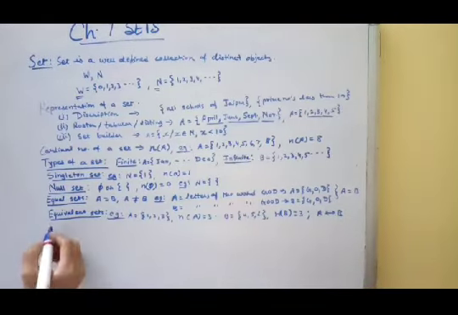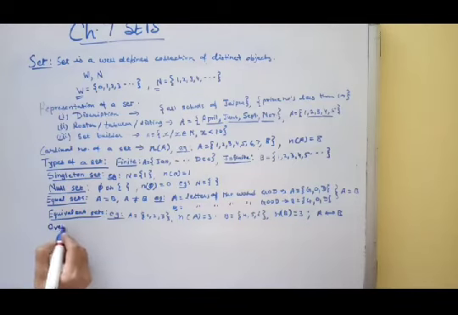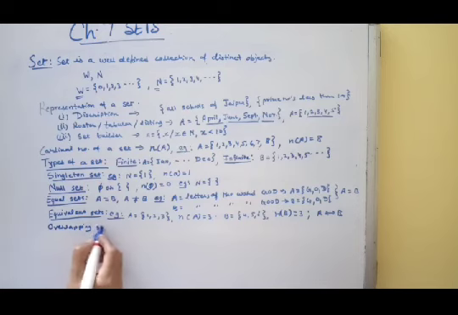Next is overlapping or joint sets. Two sets are said to be overlapping sets if at least one element is common in both the sets. It may be 2, 3 or more.